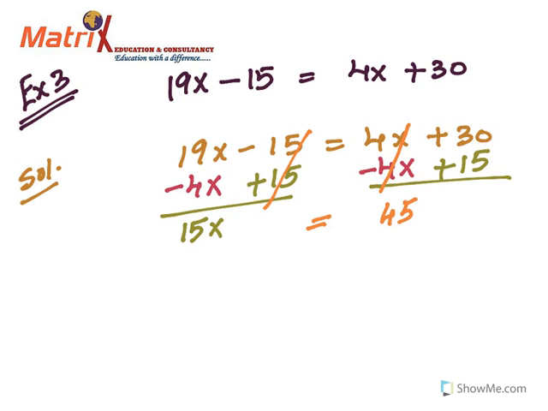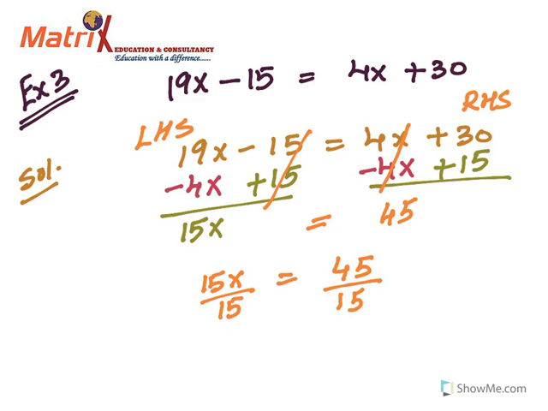I have written minus 4x plus 15 on the left hand side, and the same thing on the right hand side of the equation. Now divide both sides by 15 and we get the answer. We can actually reduce the steps, but when we practice, we get it correct. So x is equal to 3, and that's our answer.